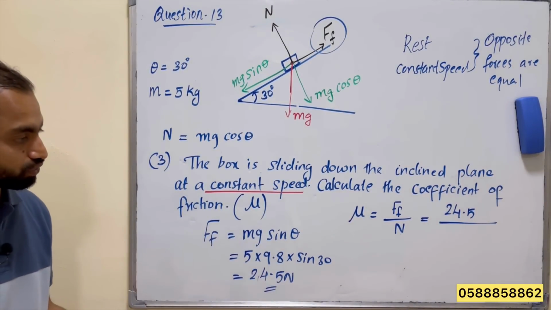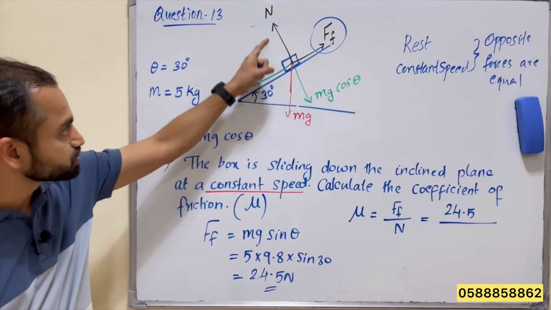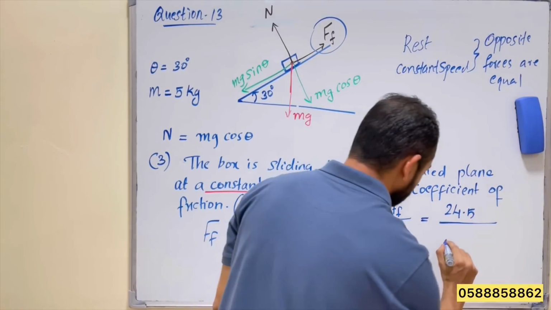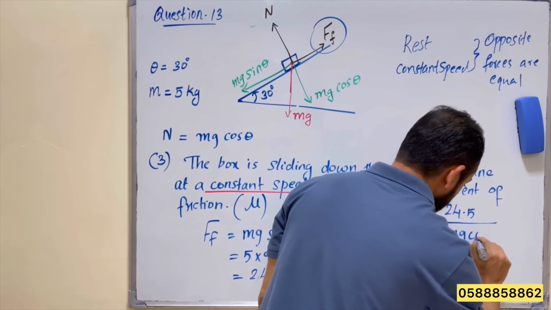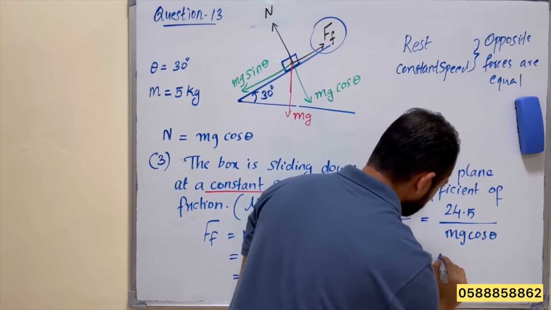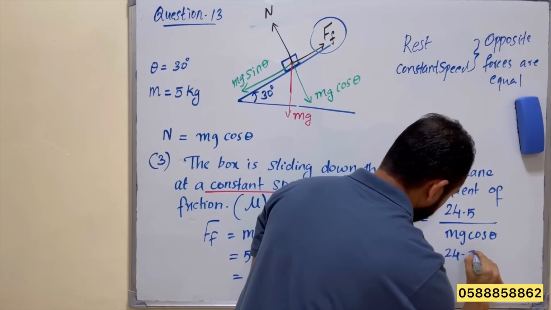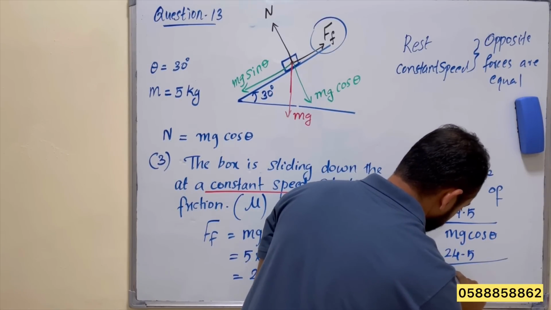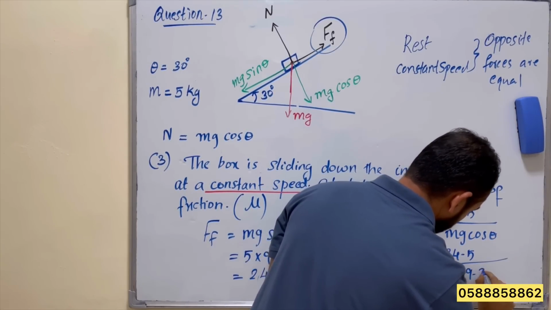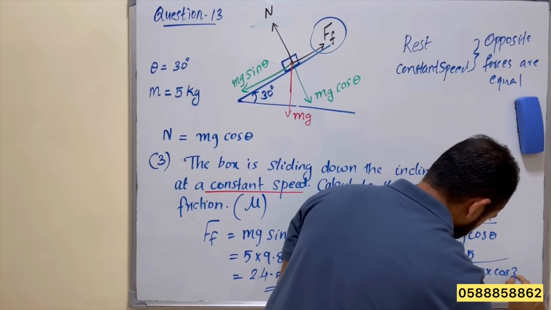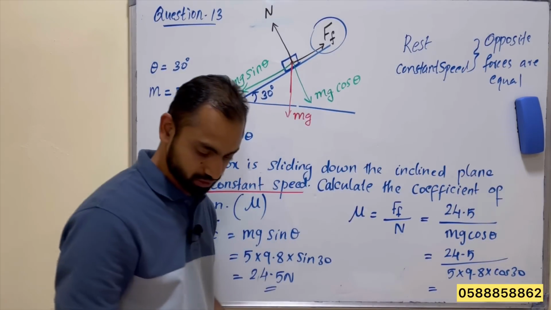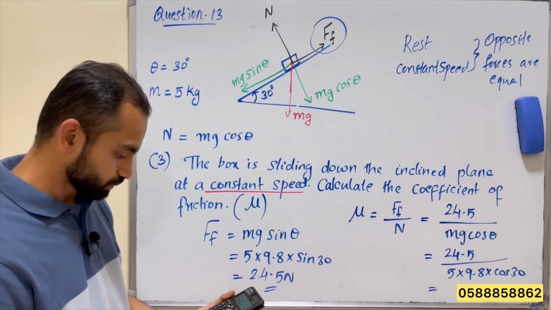What's the value of the normal force? Normal force is equal to mg cos theta, right? So 24.5 divided by m is 5 multiplied by g 9.8 multiplied by cos 30.